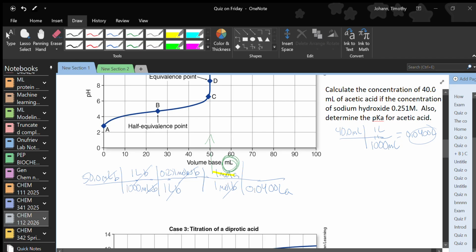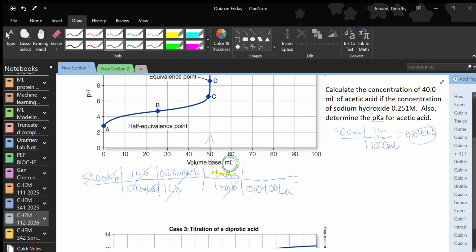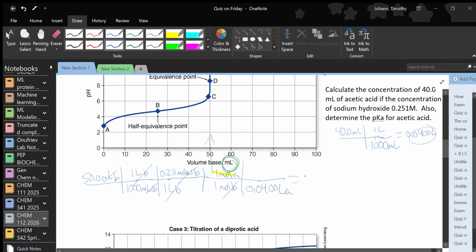Moles of acid divided by liters of acid is molarity of acid. So I'm going to take 50 times 0.251 divided by 1,000 divided by 0.04. And what I get out of that is 0.314 molar acetic acid.